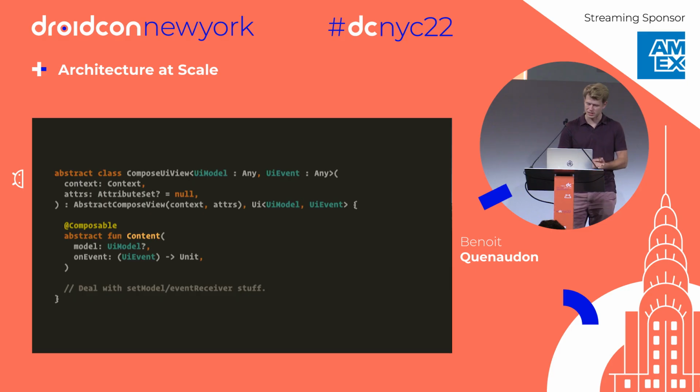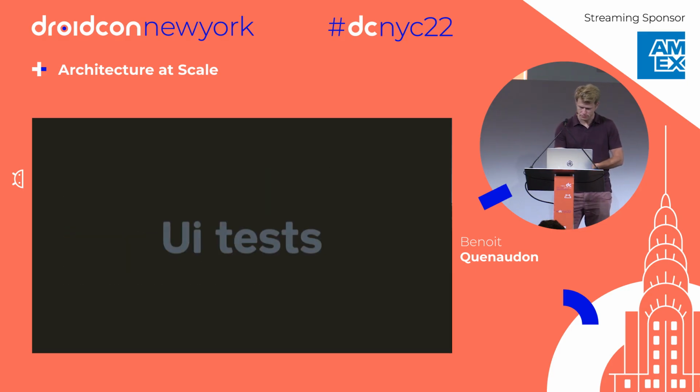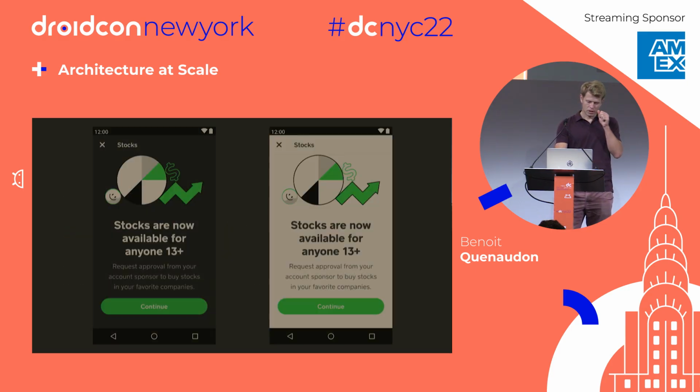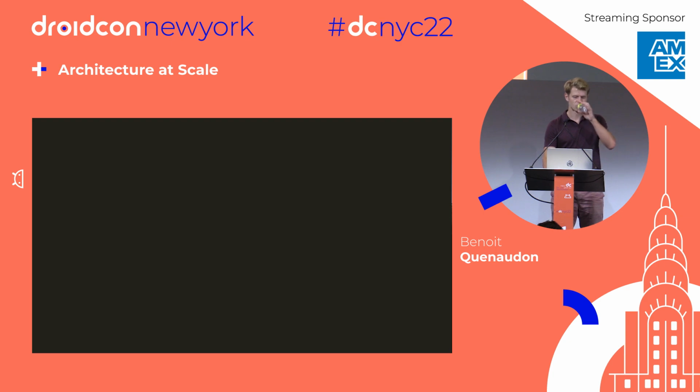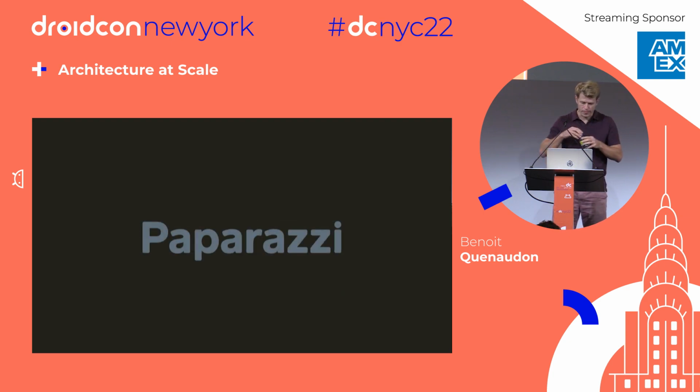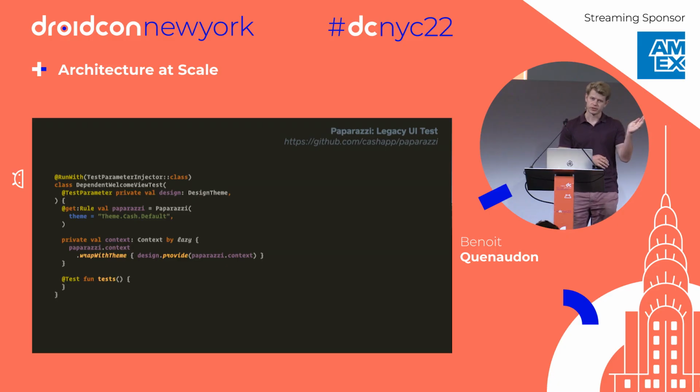But the way we test it, I think, is pretty sweet. Those screenshots are not shots that I took, but something that Paparazzi generated for us, which is the library that we use internally for UI testing. Because we have a really simple API with send event receiver and send model, the tests are also really simple.